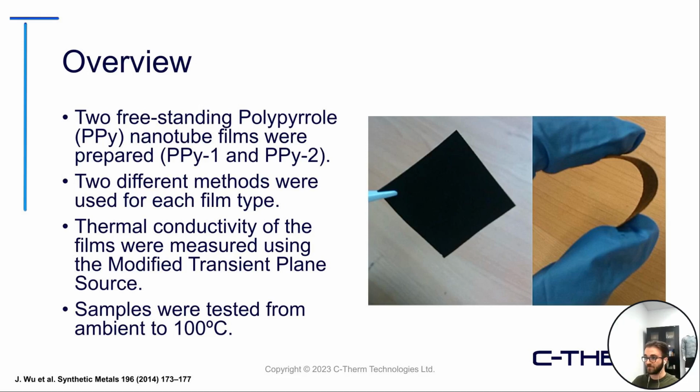Thermal conductivity of the films was measured using the MTPS method, again looking at that through thickness property in this case, because they didn't do any stacking of the film. Samples were tested from about ambient to 100 degrees Celsius, so they were interested, I'd say, more so in the influence of temperature on the overall resulting properties of these materials.